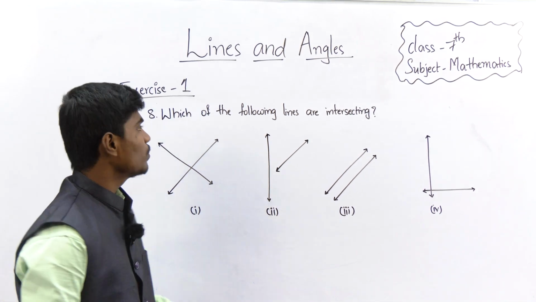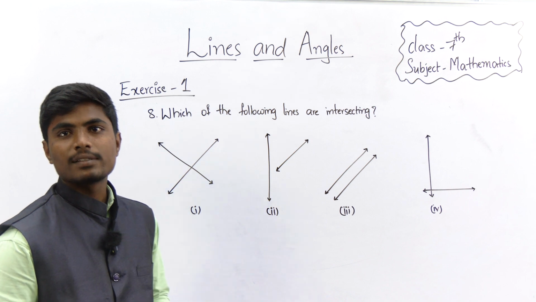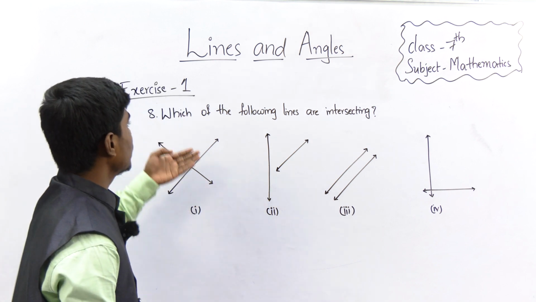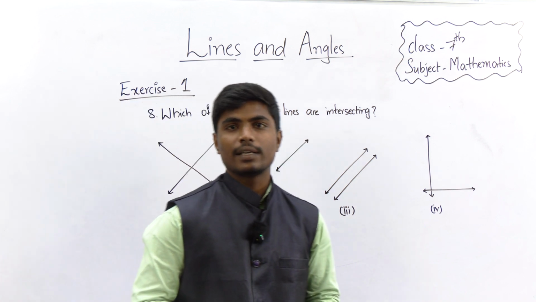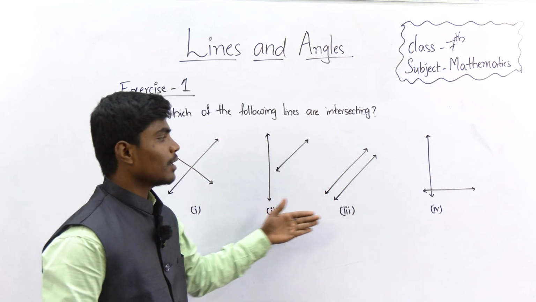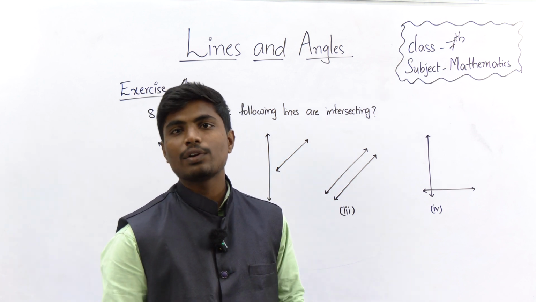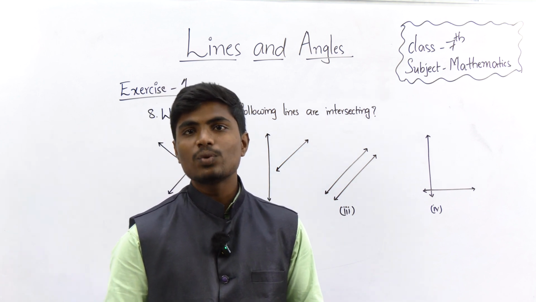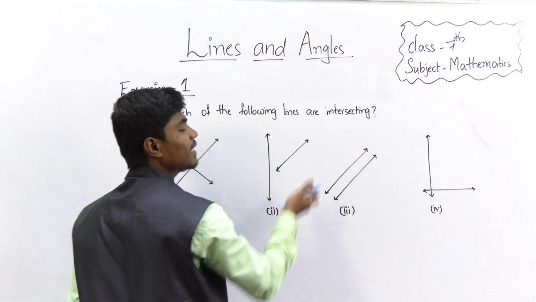Now we move to the 8th problem, which is the last problem of exercise 1. Which of the following lines are intersecting? Here he gave some figures and we have to check which of these figures are intersecting each other. What is an intersecting line?